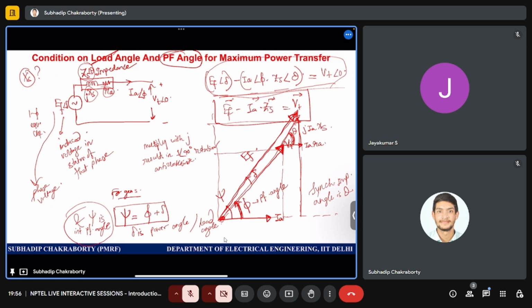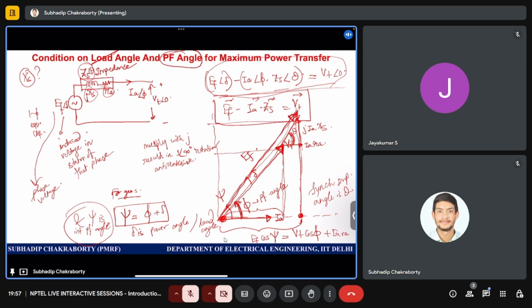EF cos psi means this length. Agreed? This much, from this to this. This can also be written as equal to VT cos phi. Just see the angles, okay? VT cos phi is this much, plus IARA.